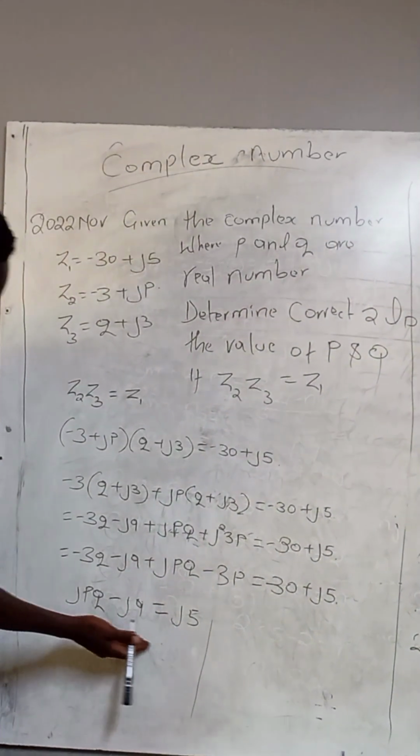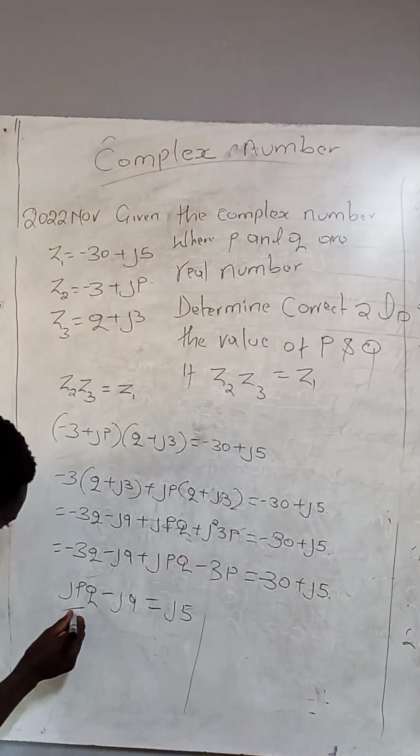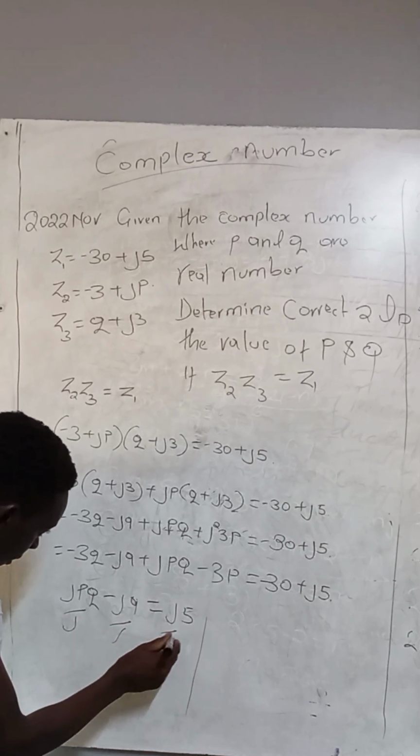You will find that j is common, so I will eliminate j and j.